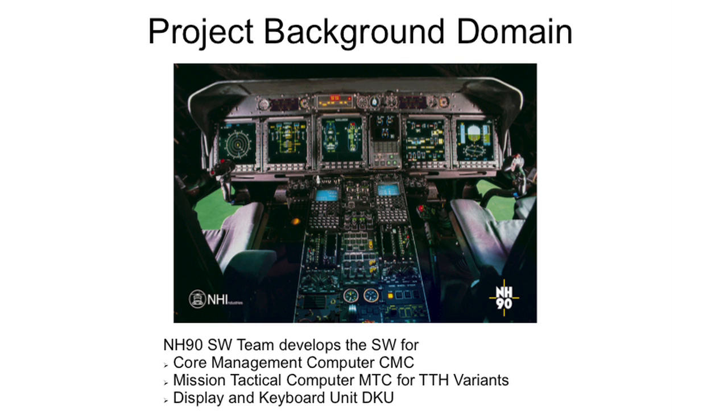And the whole avionics system, which drives this human-machine interface, is divided into two major subsystems. One is called the core management, the core system, which was intended to be stable for all variants, and the mission system, which is adapted to the different missions of the customers.